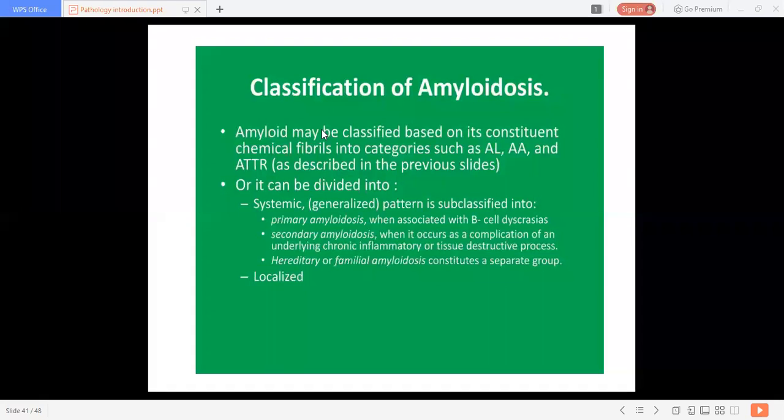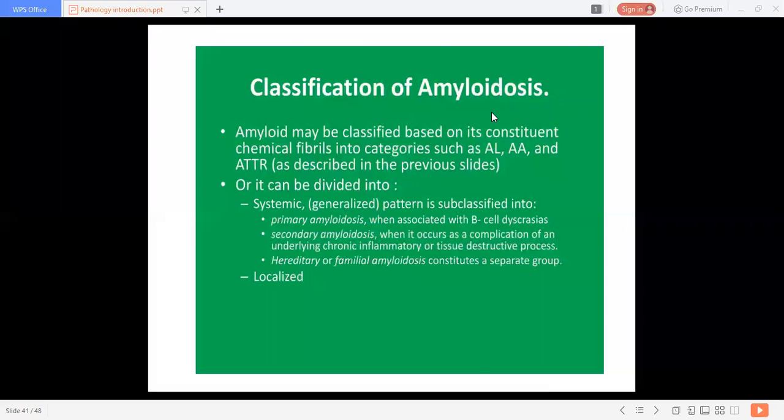Any other characteristics of primary amyloidosis? Which organs get affected with this generalized primary amyloidosis? The organs above the diaphragm, the connective tissues above the diaphragm.